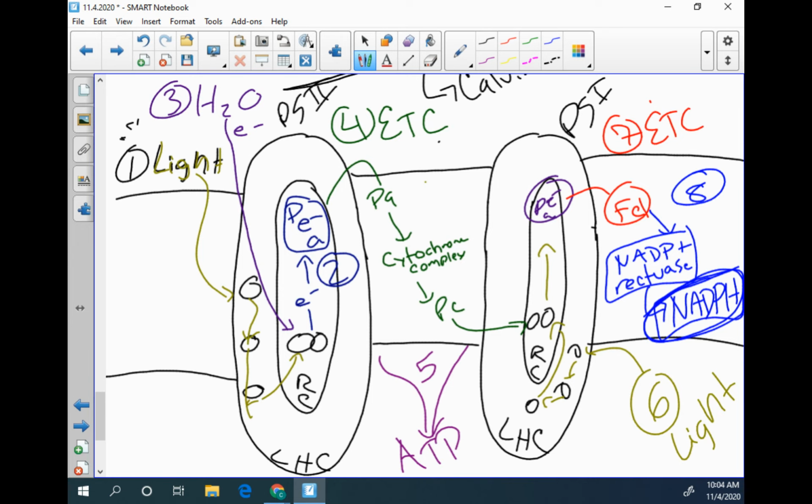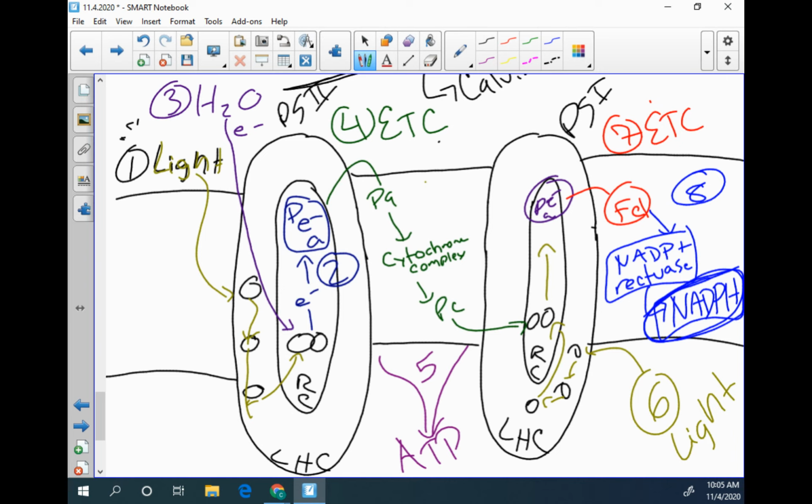And that is our end product. So that's linear electron flow.